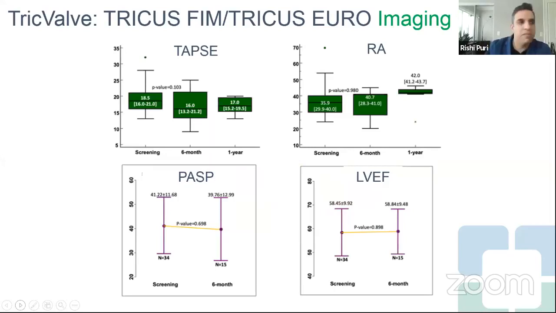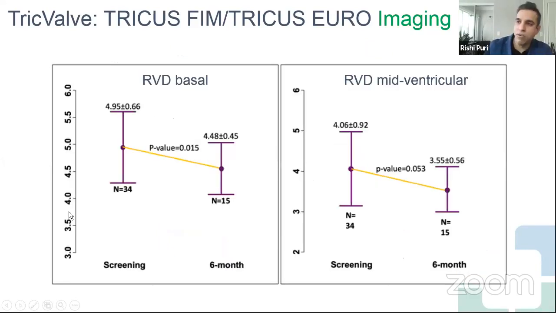When we look at some of the imaging parameters that follow up, the tricuspid annular plane systolic excursion, the right atrial dimensions, the pulmonary pressures, ejection fractions, we're not really seeing any surprises here, which is reassuring. We are seeing some reverse remodeling of the right ventricle, at least on echo, moving all in the right direction, both at the base of the RV and mid-ventricular.